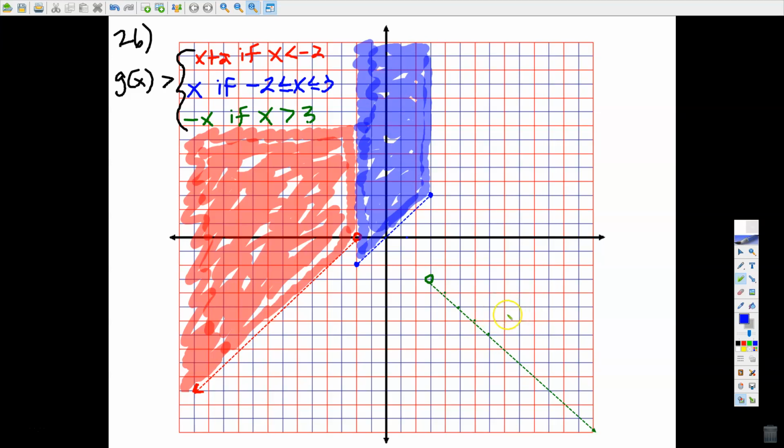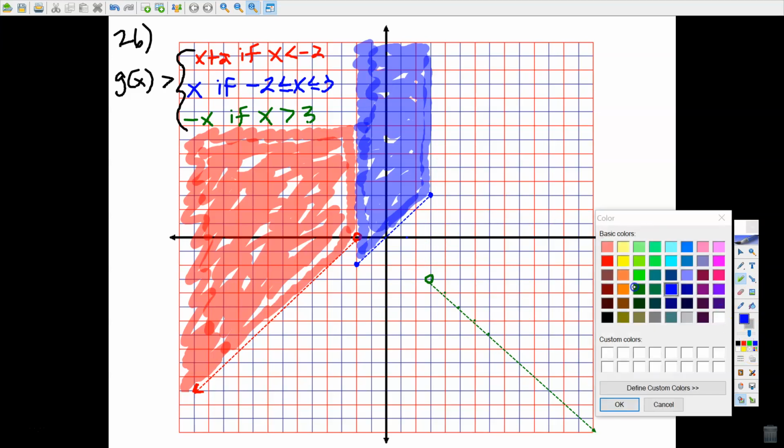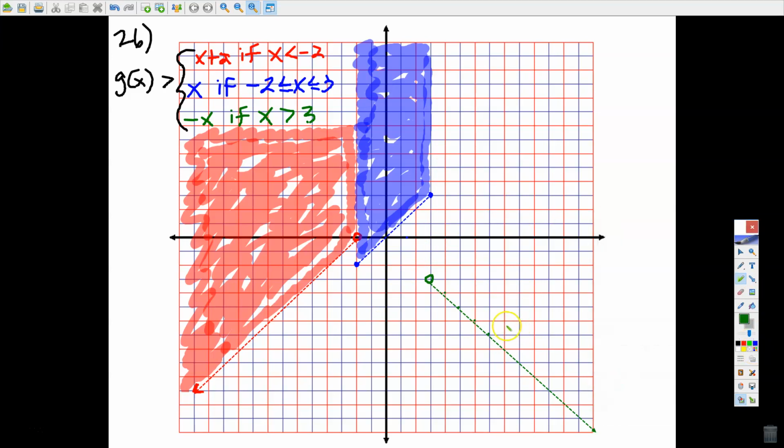Okay, and then green essentially picks up where blue left off. So it doesn't get to that line, but blue did.